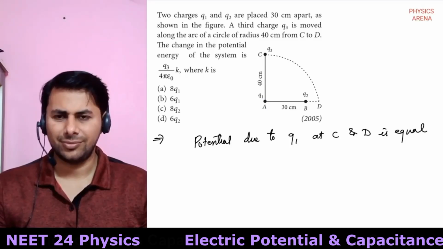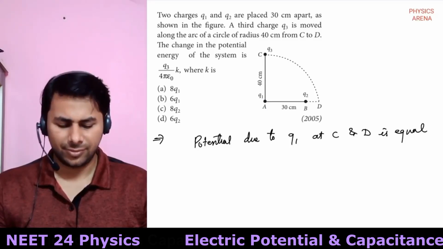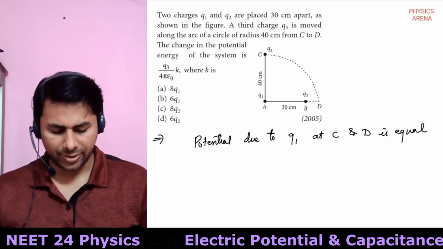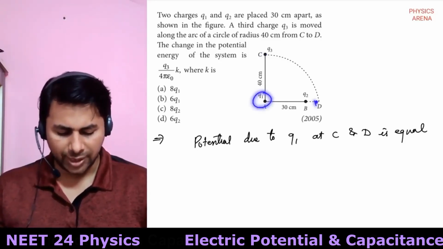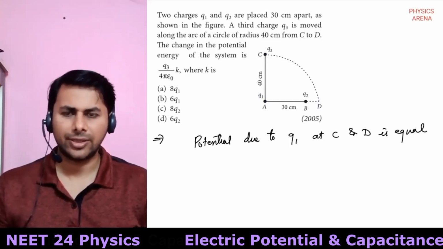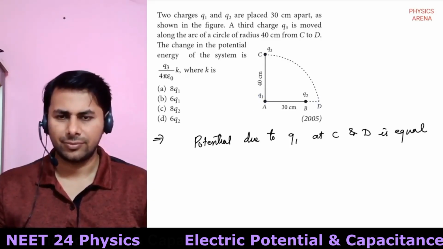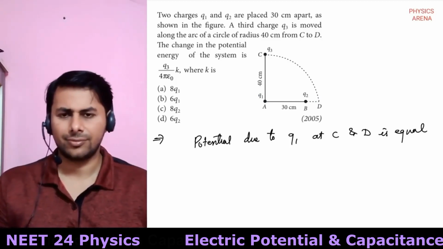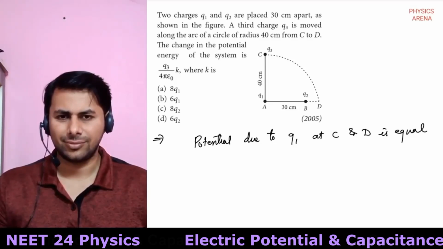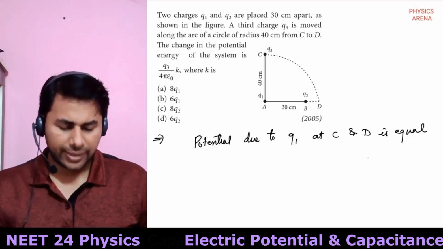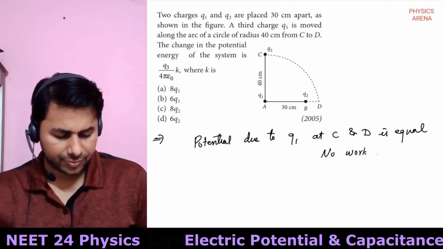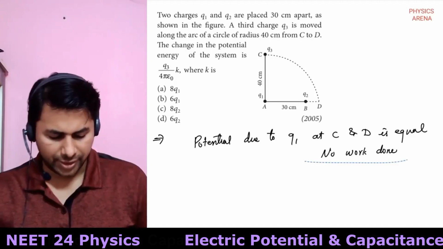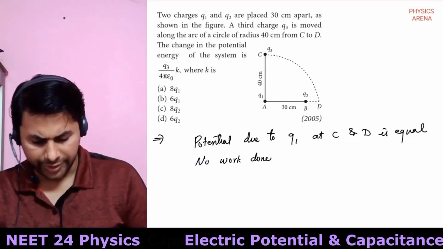No, there is no work done against Q1 because potential of Q1 at this point and potential of Q1 at this point is equal. So no work is done against Q1.